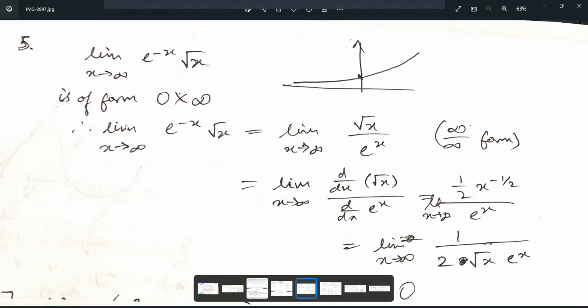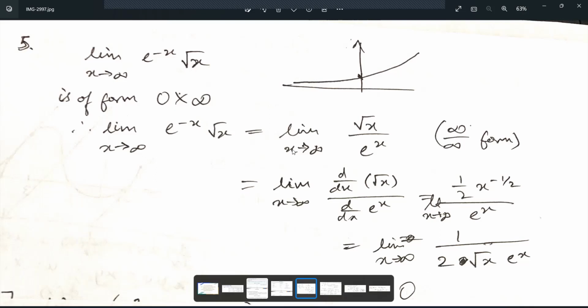Now I'm going to apply L'Hopital's rule, for which we have to bring the function into the 0 by 0 or infinity by infinity form. So in this case, I'm writing e power minus x in the denominator as e power x, and the numerator is root of x.